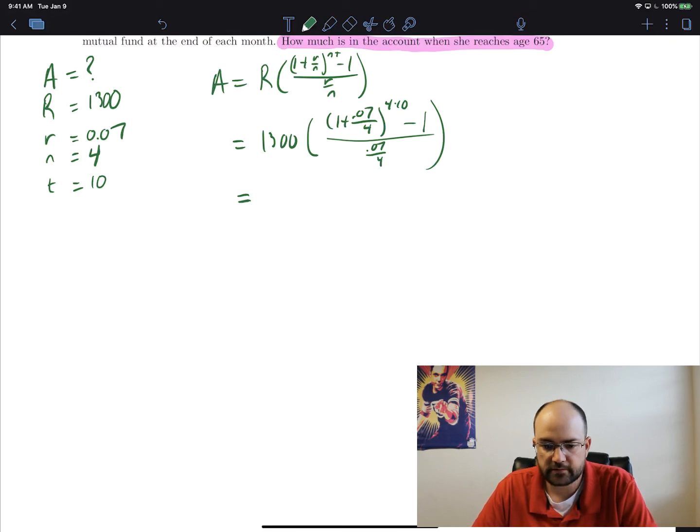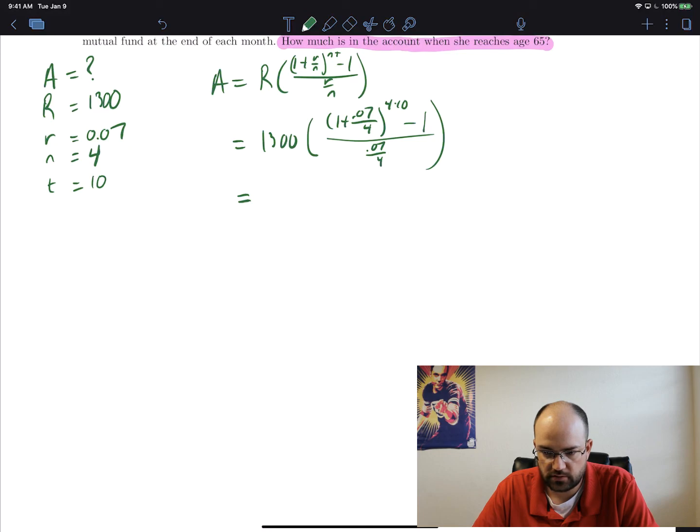Okay, so 1,300 times alpha y equals enter. Then 1 plus 0.07 over 4 to the 4 times 10.